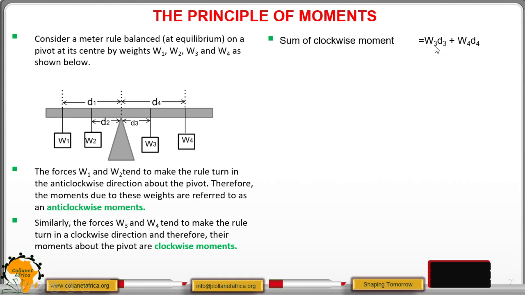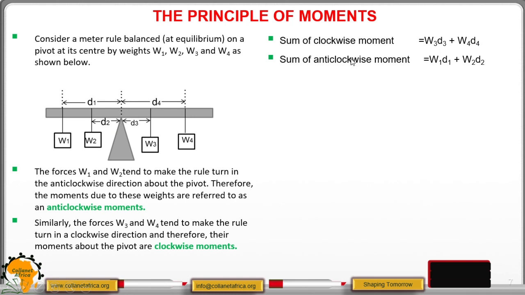For example, if we have W3, the perpendicular distance from this line of action here to the point of support is D3. And also we have another force which is causing the clockwise moment, which is W4. And then the perpendicular distance from this line of action to the point of support, which is this fulcrum, is D4.